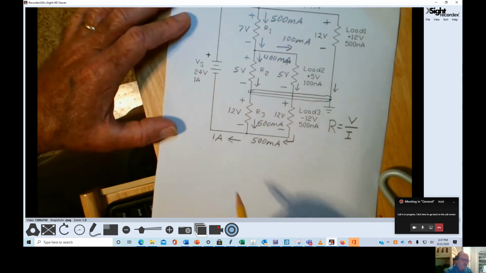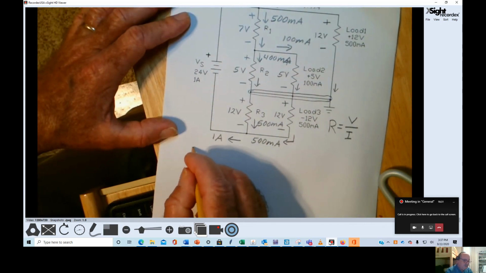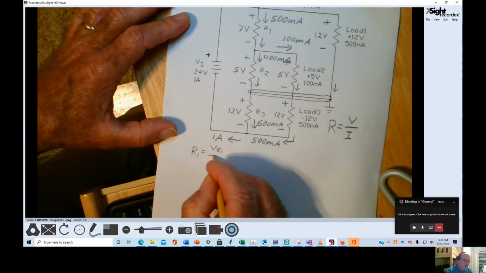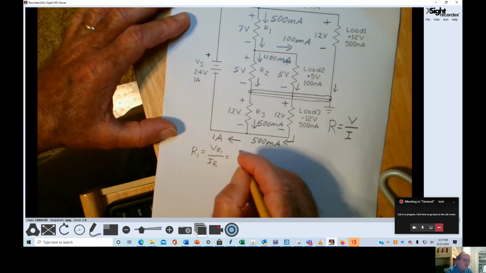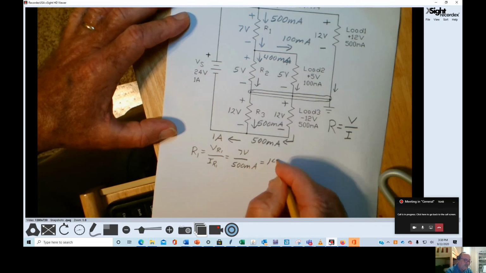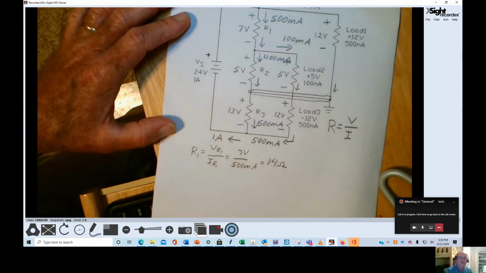So I can determine the value of the resistors. R1 equals VR1 divided by IR1. 7 volts divided by 500 milliamps equals 14 ohms.